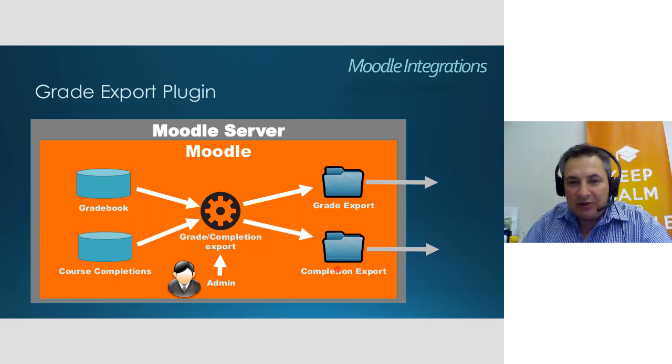The downside of the completion export was that if someone had not set the course completion criteria up correctly and had to reset it, for those that have had this horrible experience, all the end dates disappear. Poof, gone.